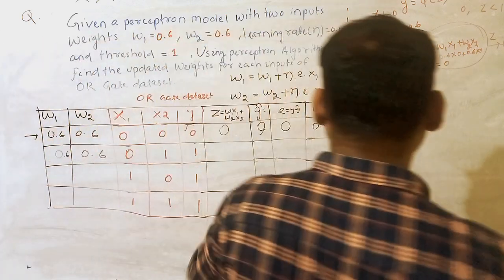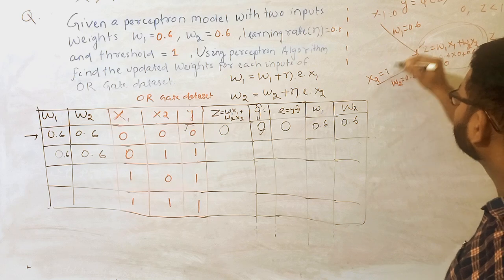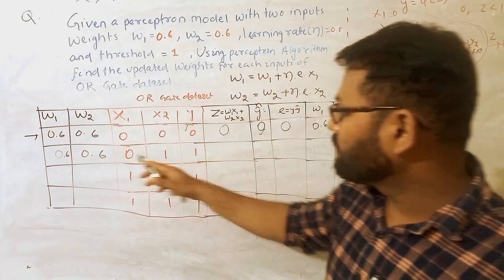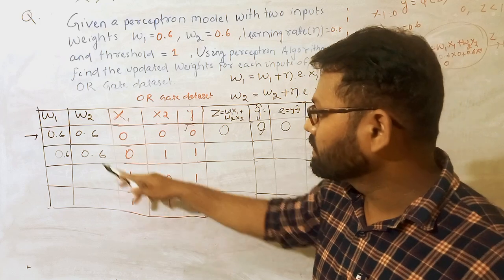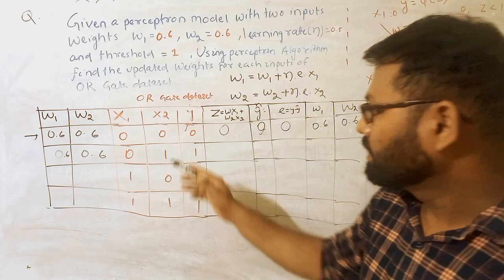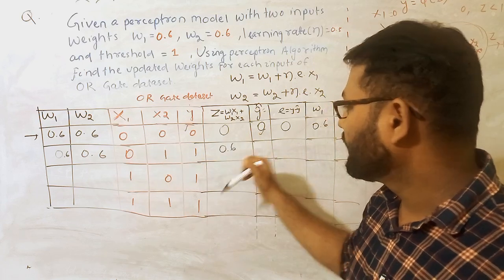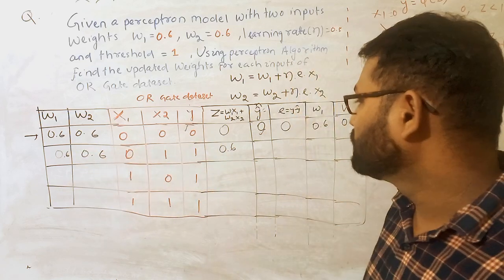Here you see X2 equal to 1 and X1 equal to 0, and you do the calculation. Directly we can do 0.6 into 0, that is 0, plus 0.6 into 1, that is 0.6. So here the Z value is going to be 0.6. Just multiply and sum, you are going to get 0.6.